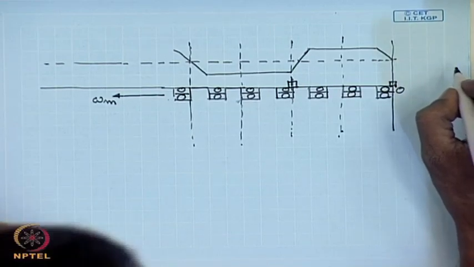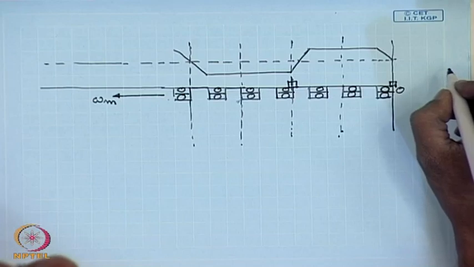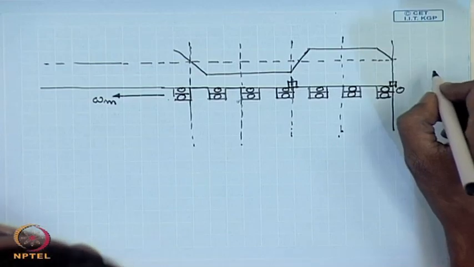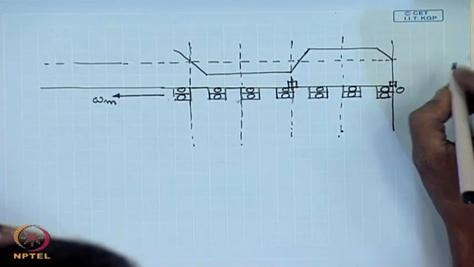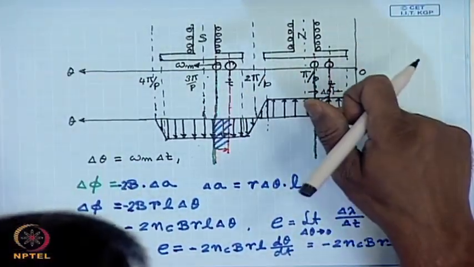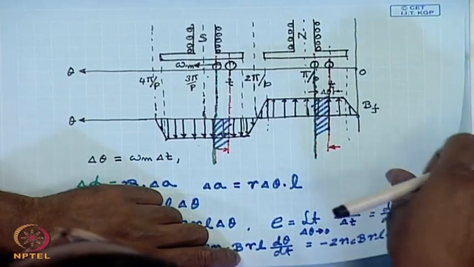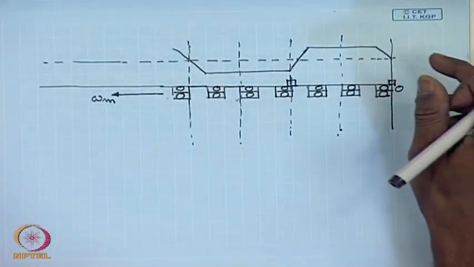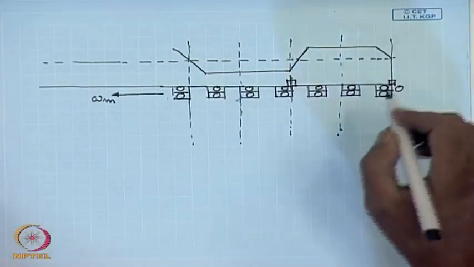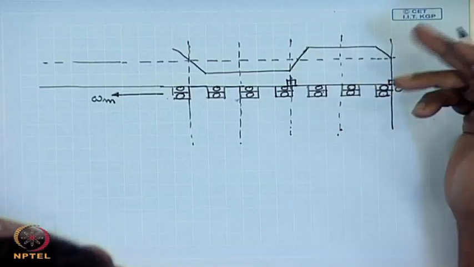What will be the direction of the induced voltage? From Faraday's principle, we can say that the induced EMF will be in such a direction that if a current is allowed to flow in the coils, it will oppose the change of flux linkage. Now, we have seen that due to the motion, the flux linkage change is in the negative direction, that is positive flux linkage tends to decrease. So, the current will flow in this coil in such a fashion that this decrease in the flux linkage is compensated, that is the currents in these coils will produce positive flux in this direction.